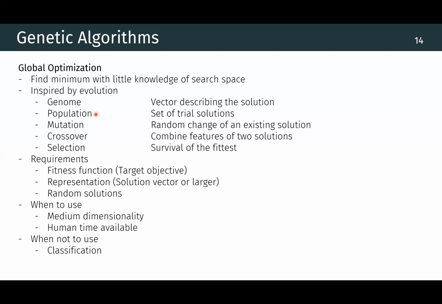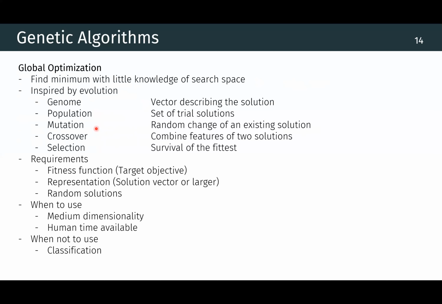First of all, you have a certain set of random solutions in the population, and then you have generations, meaning that every time you change something in the population, you drop a few solutions that were not close to the minimum, and then you create new solutions that are hopefully better than the ones you had before.